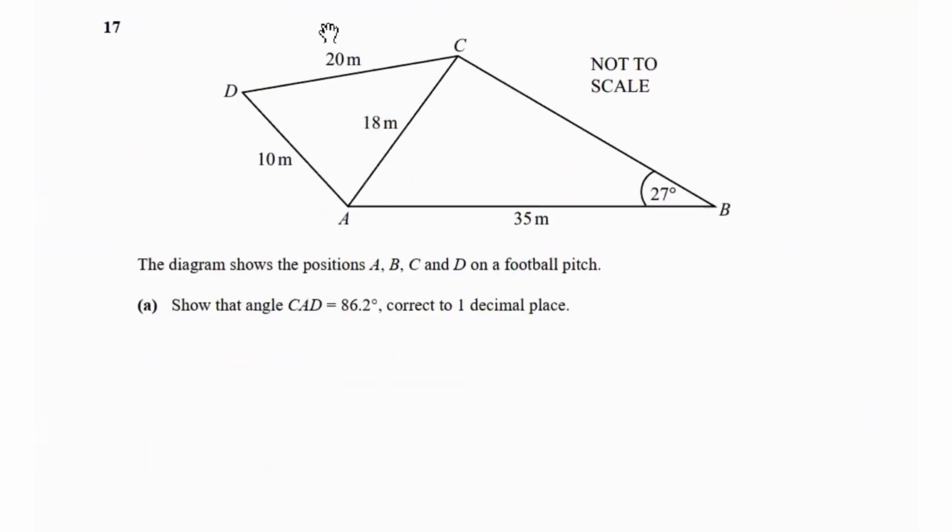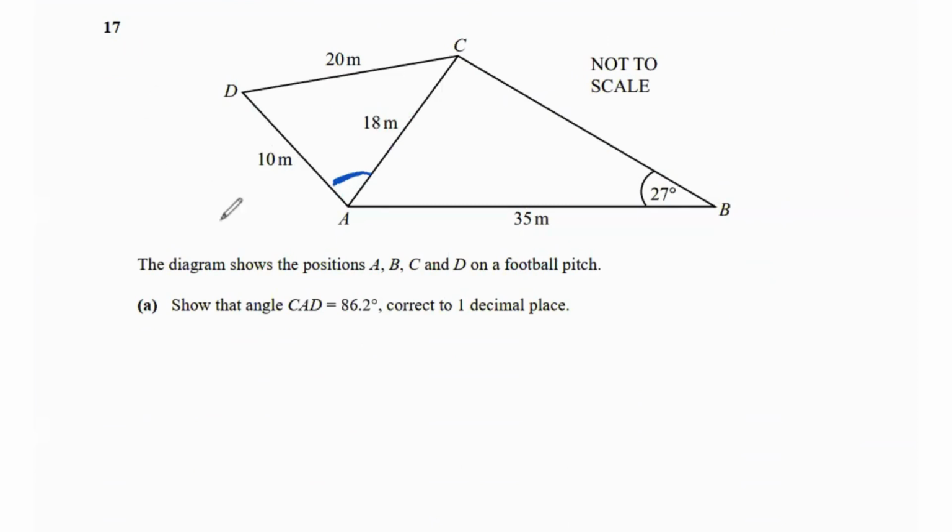Then it says the diagram shows the positions A, B, C, and D on a football pitch. Show that the angle CAD is 86.2 degrees, correct to one decimal place. CAD, this is the angle that we're trying to find. So we can see that in this triangle, we have all three lengths, and it's a non-right angle triangle, which means we will use the cosine rule.